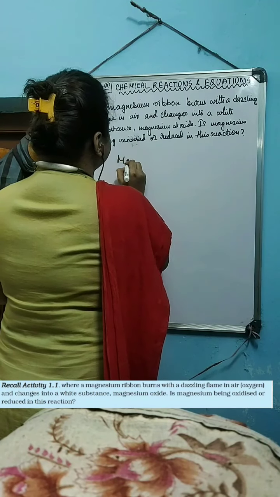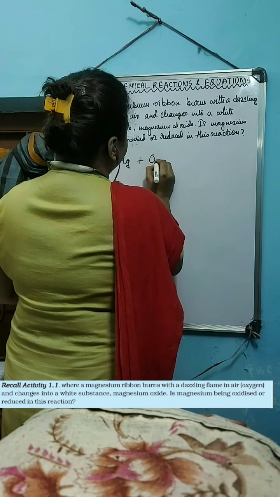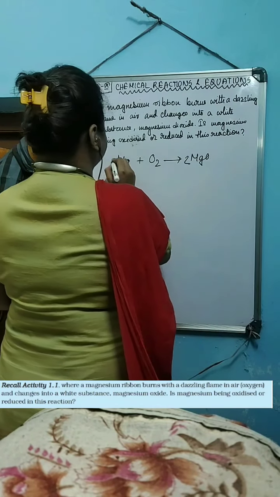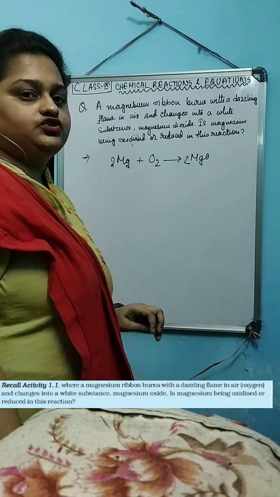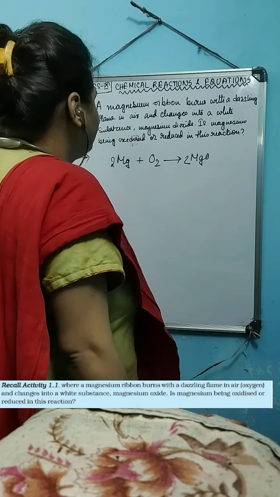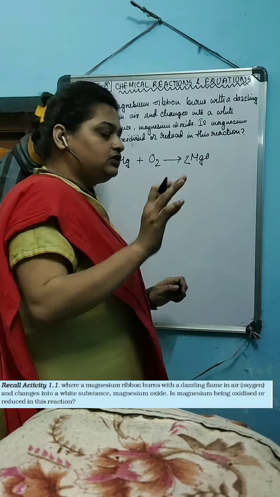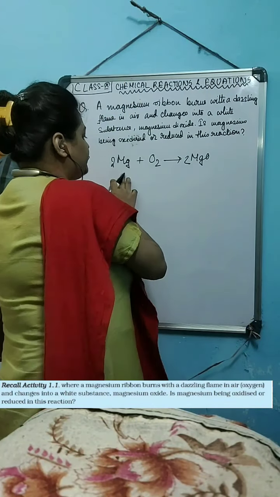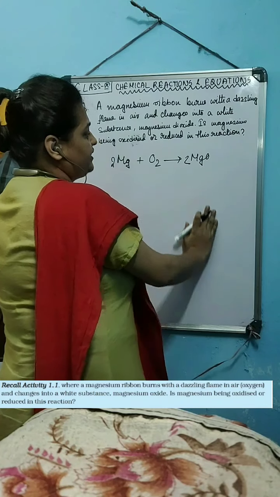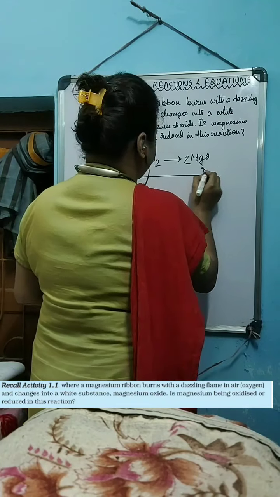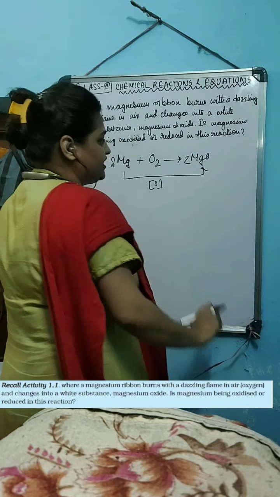Now we know that this is actually magnesium burning in oxygen to produce magnesium oxide. This is the actual reaction equation for this particular sentence equation. By applying the simpler definition, we know that magnesium is transforming into magnesium oxide by the addition of oxygen. So obviously magnesium in this reaction is getting oxidized.